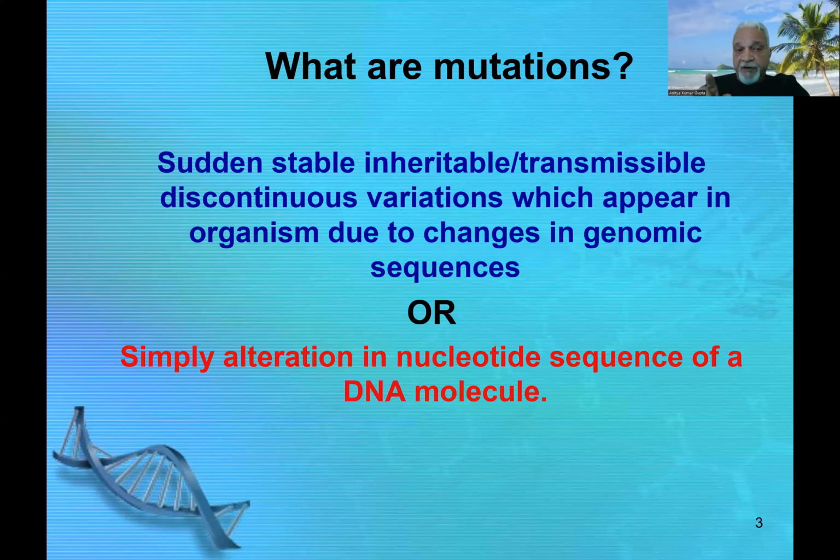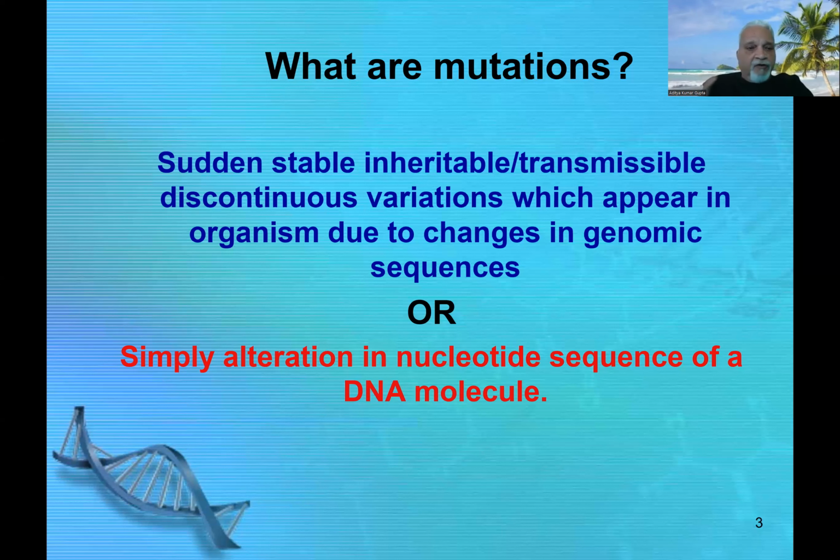Keep it in mind that the change is inherited. It is going from one generation to another, from one strain to another strain. So it satisfies the broader definition or the previous definition that it should be transmissible, should be stable, should be sudden. Okay. So basically, to conclude this part, mutations are an alteration in nucleotide sequence of a DNA, which are sudden and inheritable.